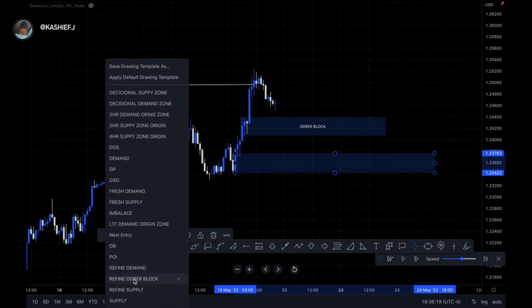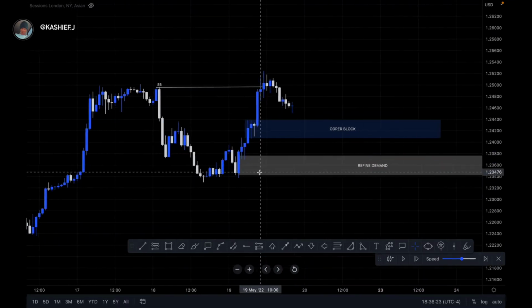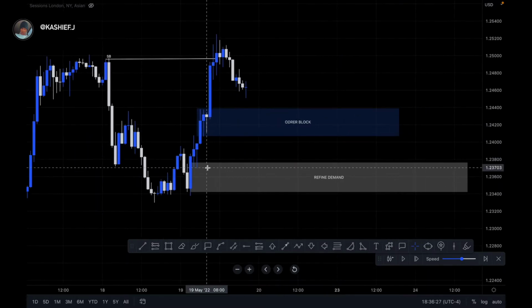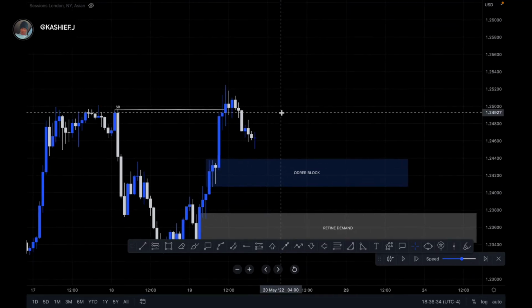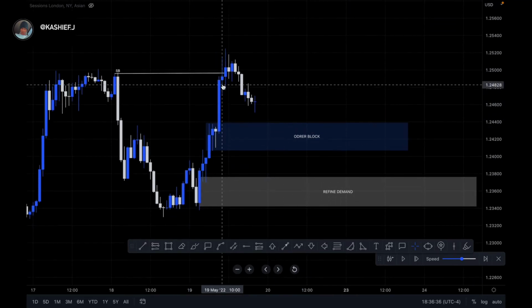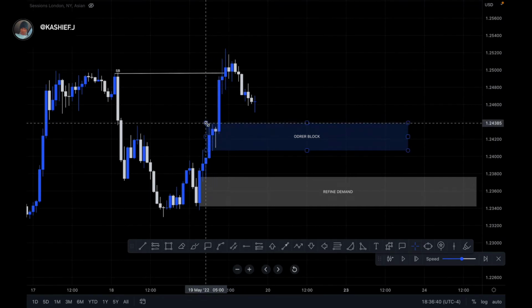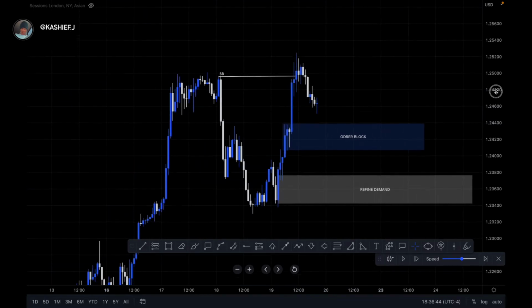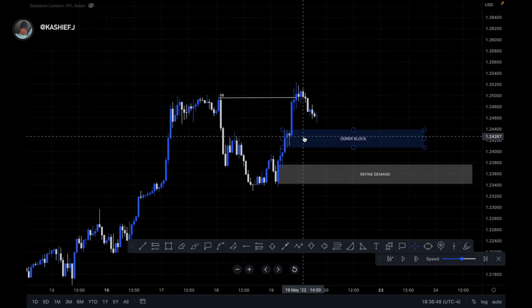So right here was a refined demand zone, but the market was already tipped into this to mitigate this demand zone, where it broke, it came back, it rejected this area and pushed to the upside. Right here we have this strong impulsive move, and this was the 2-hour high that created this move. Alright, so right there and then I was looking for my buying opportunity within this area.